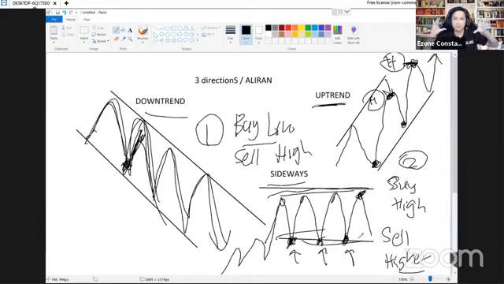Now as a trader, assume that this trend, regardless of whether it is an uptrend or a downtrend, has magnet power, or gravity power. If the trend is going up like this, the magnet is pulling up.